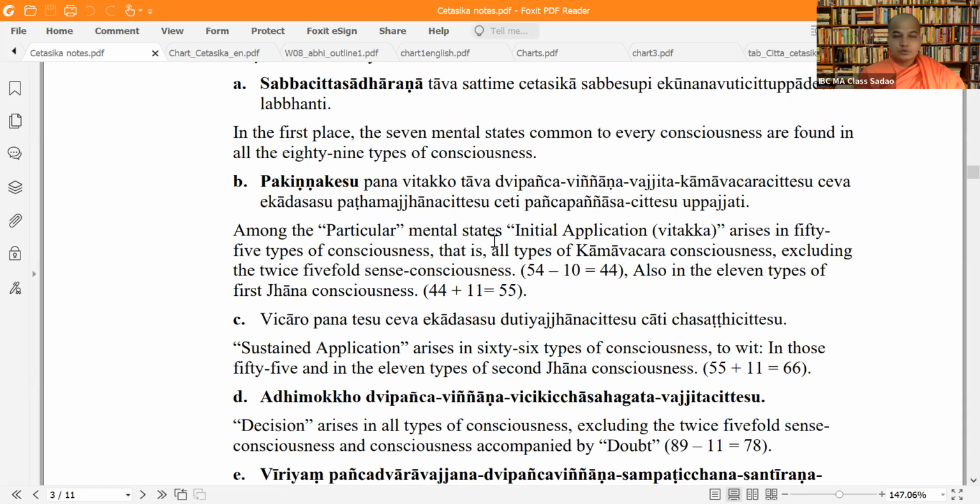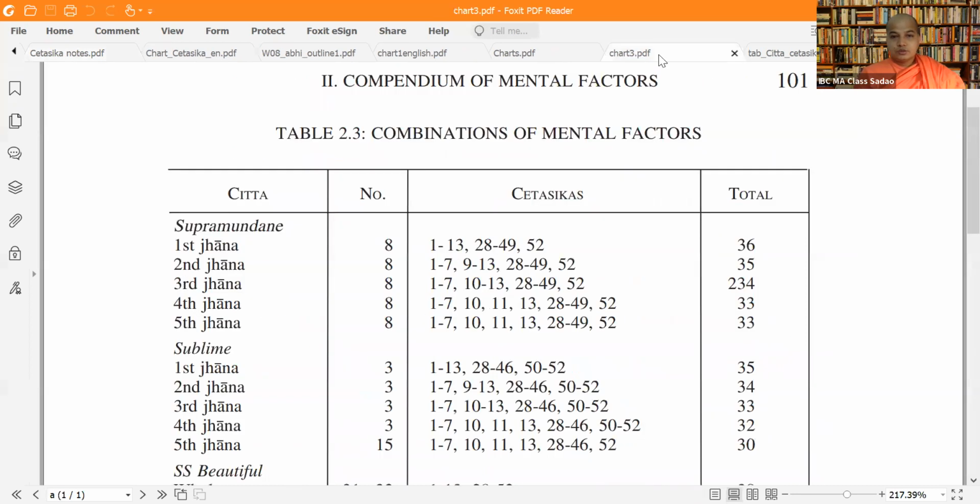And as you all know, in the jhanas, vitakka is present, right? Then how do you have 11 chittas, 11 types of first jhana consciousness? Can anyone tell?